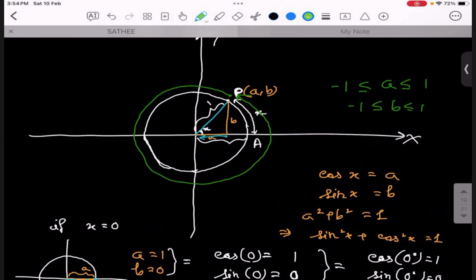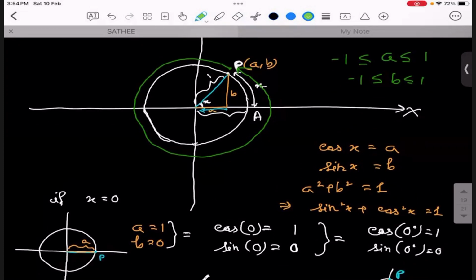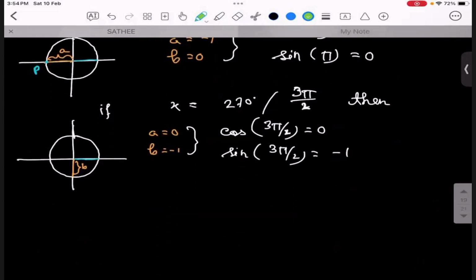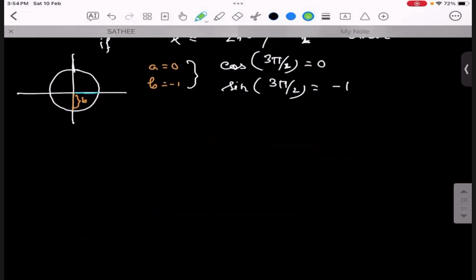So from here one can clearly say that cos x and sin x will be between -1 and 1. So cos x should be less than or equal to 1, greater than or equal to -1, and the value of sin x will be less than or equal to 1, greater than or equal to -1.